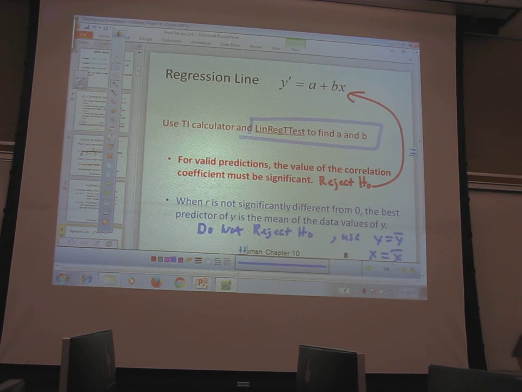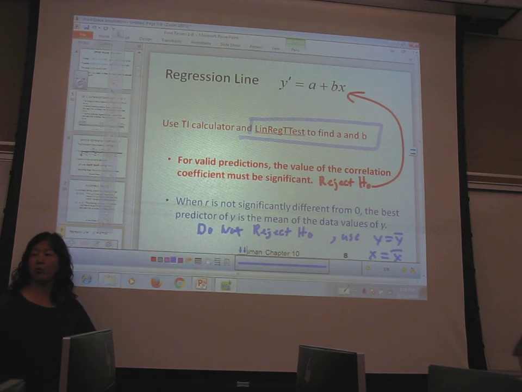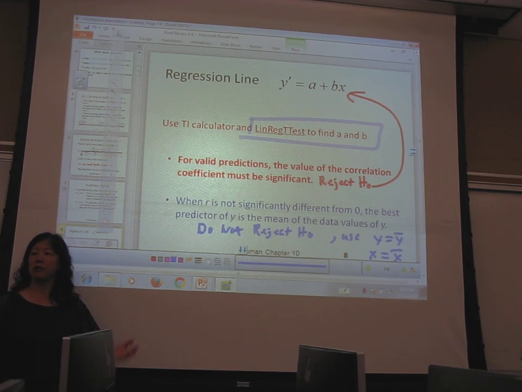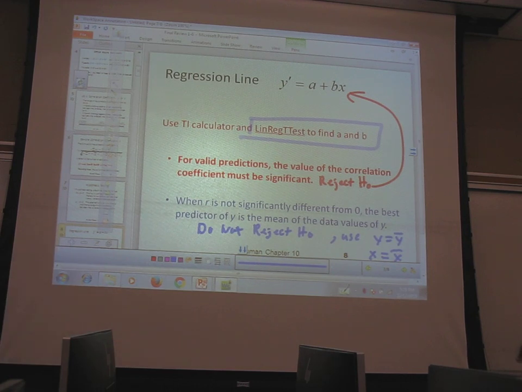Your best predictor of x is x bar. Your best predictor of y is y bar. How do you get those? If you have a list in your calculator, can you find the average of that list? Yes. 1-Var Stats, right? Or 2-Var Stats if you know how to use that. Good? Okay.